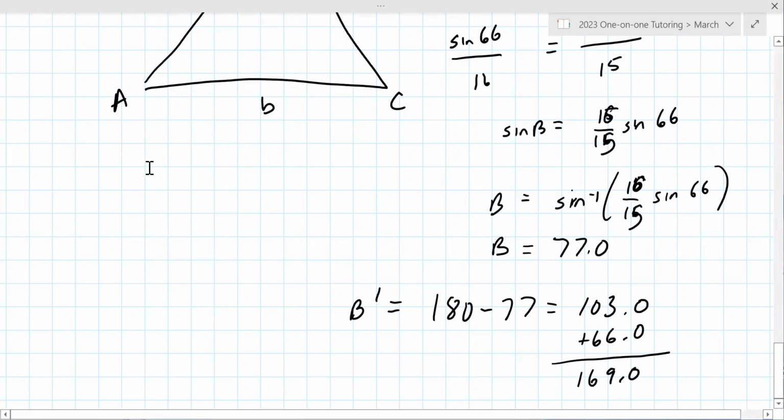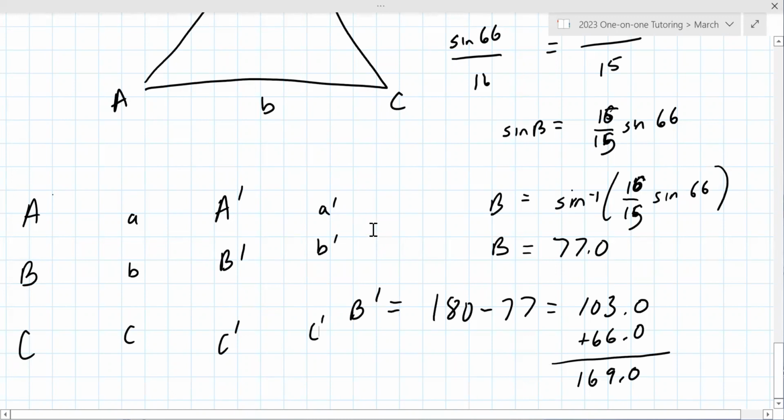Okay, so this is where you have to make two tables. You've got A, B, C, little a, little b, little c, and then you have A prime, B prime, and C prime. They're not all changed, but it's good to denote that there are these differences.